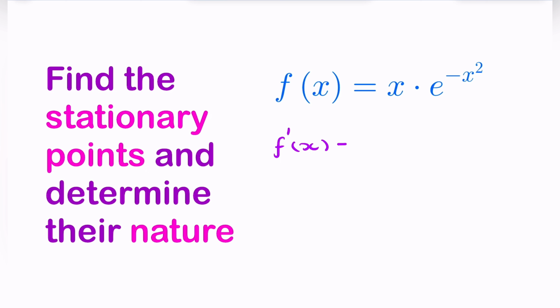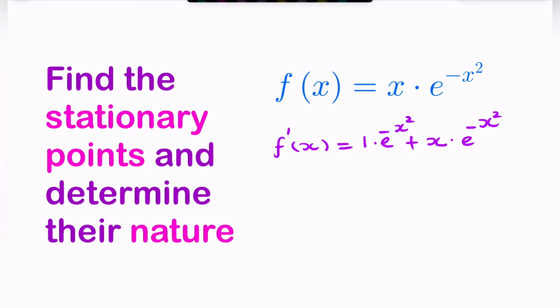So our first derivative, it looks like we have a product. So we're going to treat this as a product and apply the product rule. So it'll be the derivative of the first multiplied by the second, u dash v, plus u, that's x, multiplied by v dash, which is e to the minus x squared.